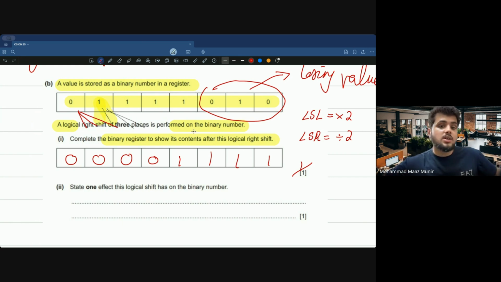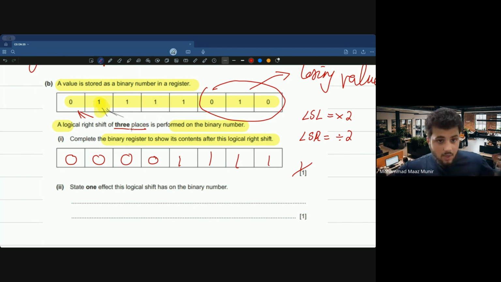Now, right now, it's saying that there was a shift of 3 places, right? 3 places. Now, when we have a logical right shift of 3 places, the value is going to get divided 3 times.